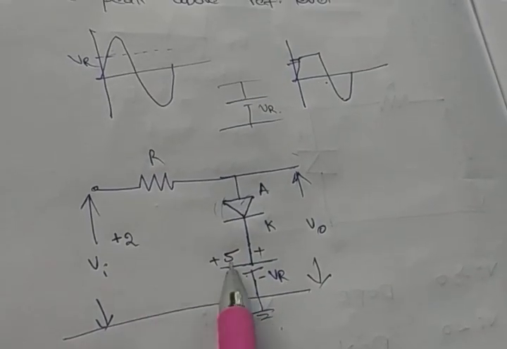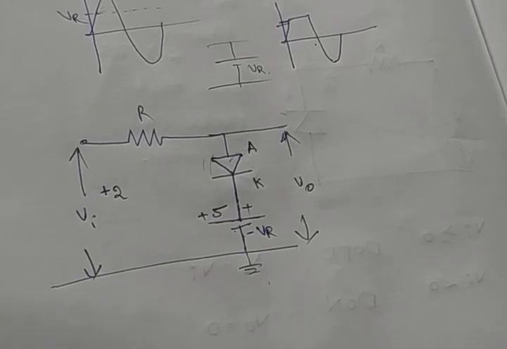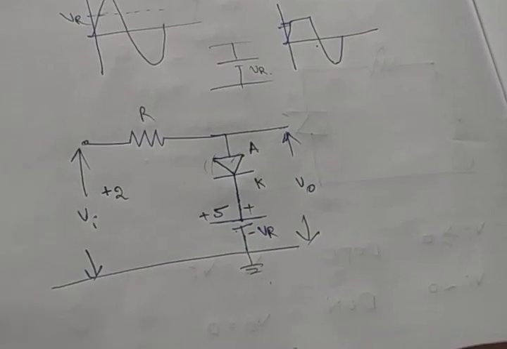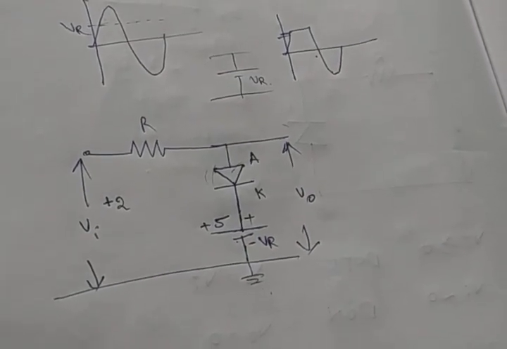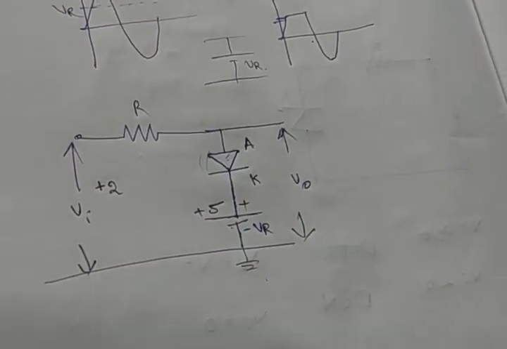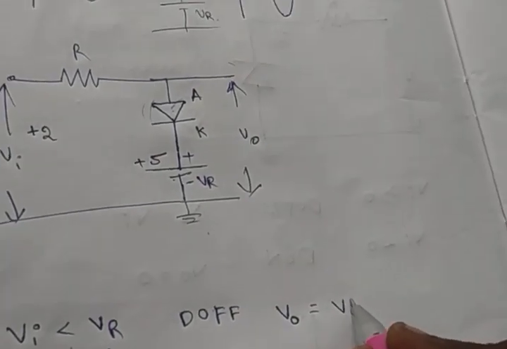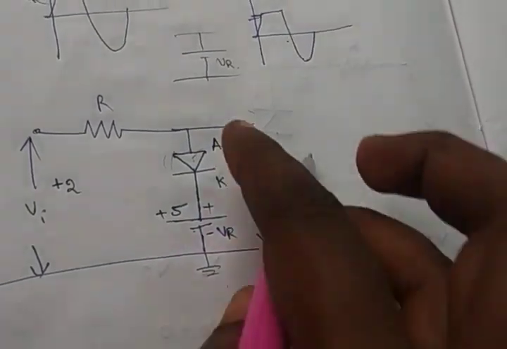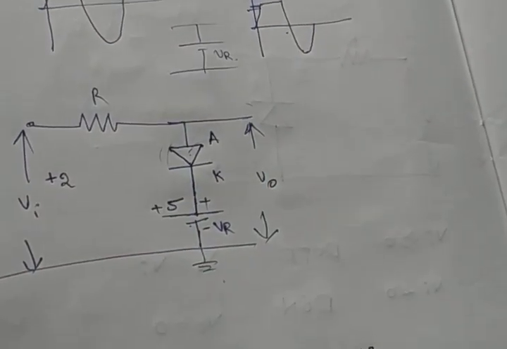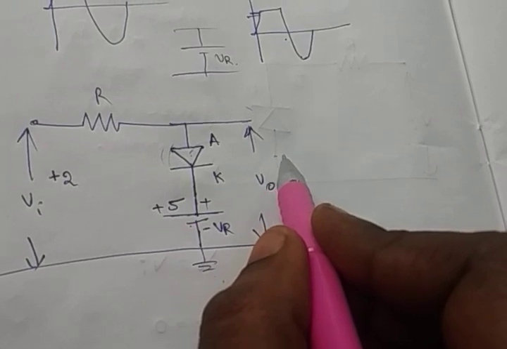So which should be more positive, and this should be more positive, then the diode will be off. So the diode should be off. So what will V0 be? V0 will be equal to Vi. It is open, no?